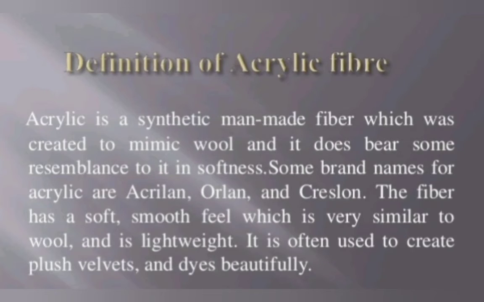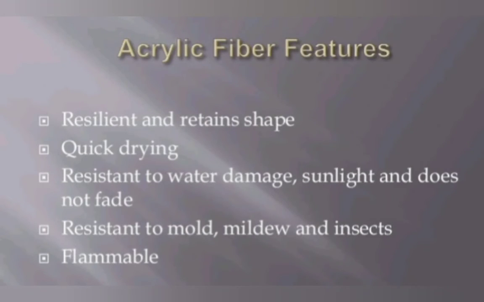Some brand names for acrylic are Acrylon, Orlan and Creslan. The fiber has a soft, smooth feel which is very similar to wool and is lightweight. It is often used to create velvets and dyes beautifully. So, the monomer is acrylonitrile and we can call it polyacrylonitrile, which is the actual chemical name of the fiber.